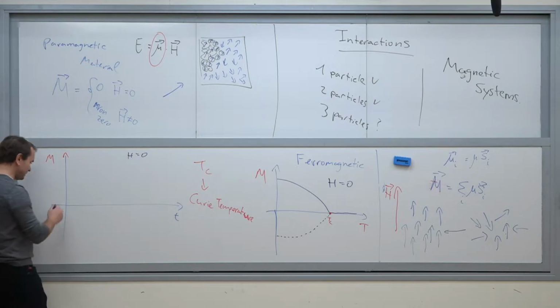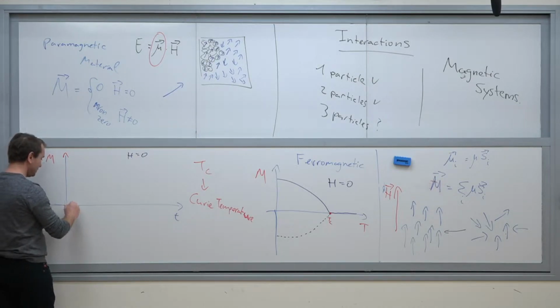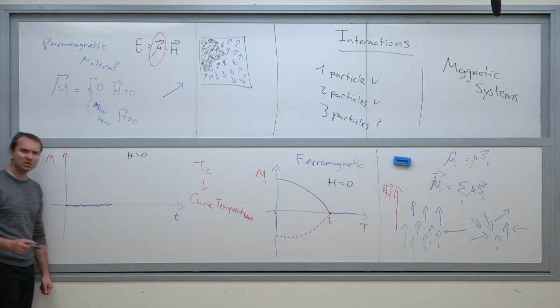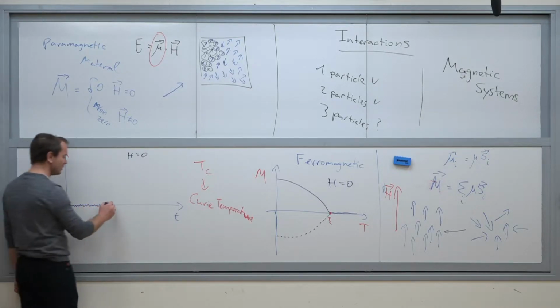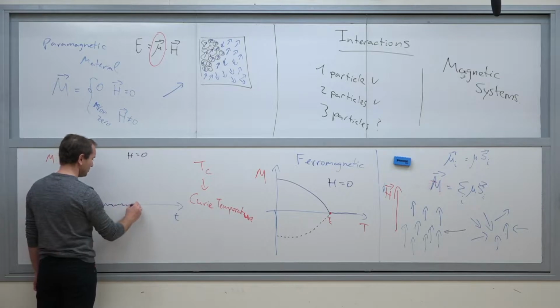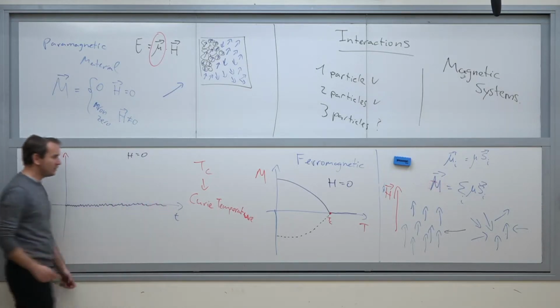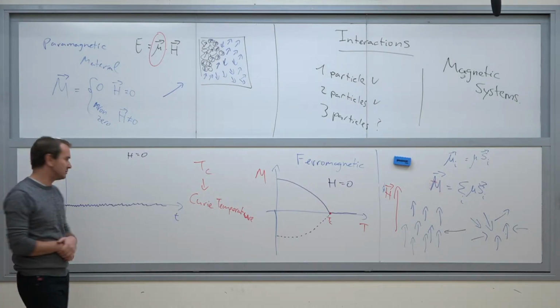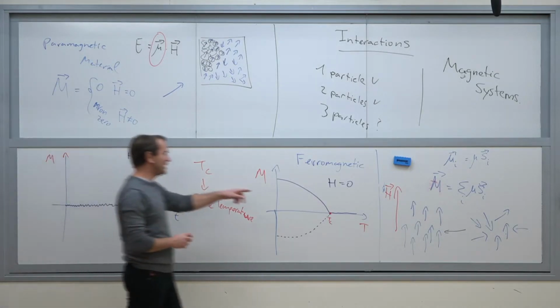A paramagnetic material will have some fluctuations, but those fluctuations are small and they will sit around 0. This is what would happen for a paramagnetic material. What happens to a magnetic material?